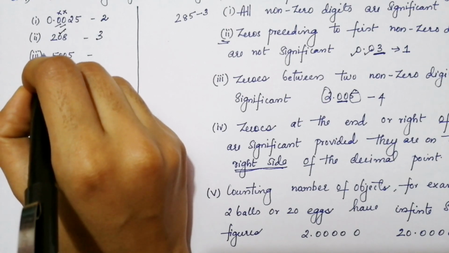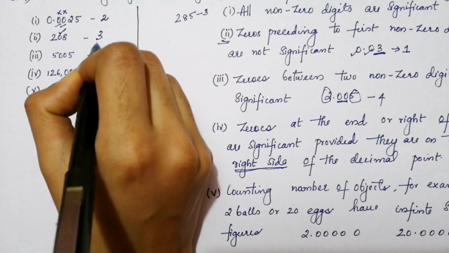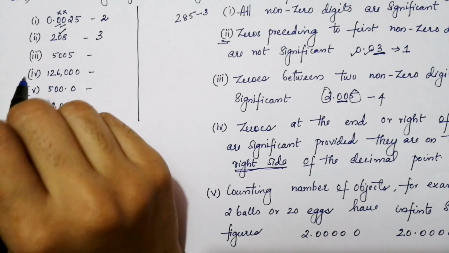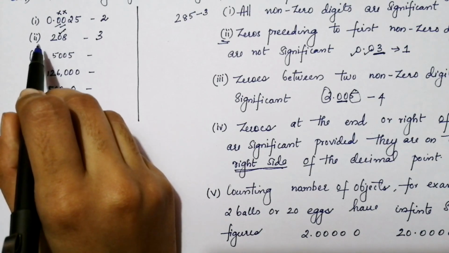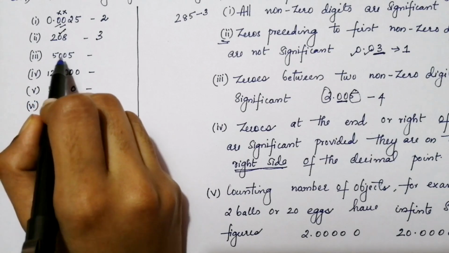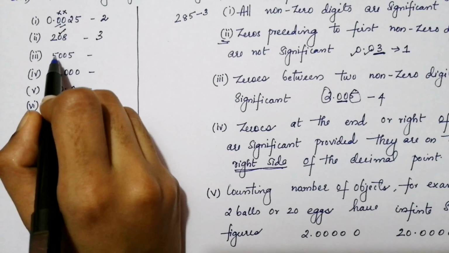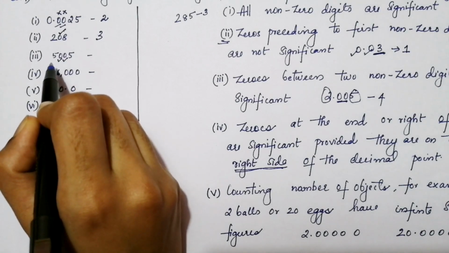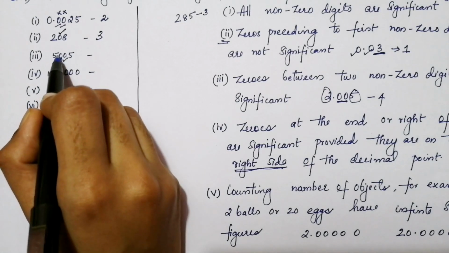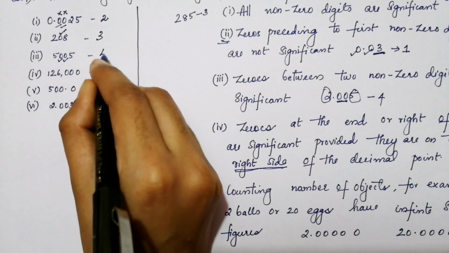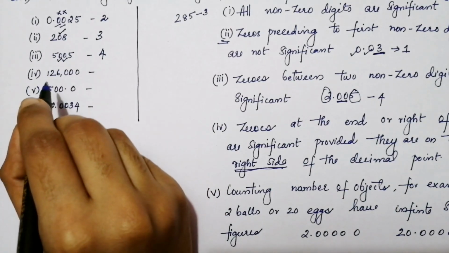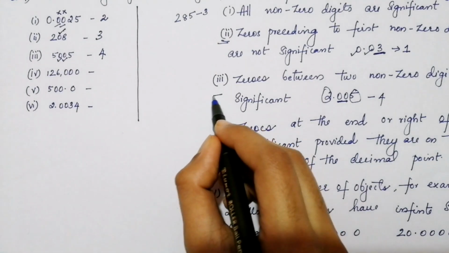This is according to rule number 3 and we have 3 significant figures. Next is similar to the previous question where we have 2 zeros in between two non-zero digits. So here these 2 zeros are significant and we have a sum total of 1, 2, 3, 4 significant figures. This is also obeying rule number 3.